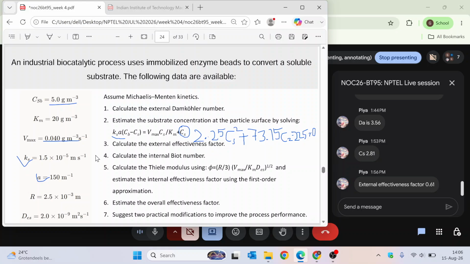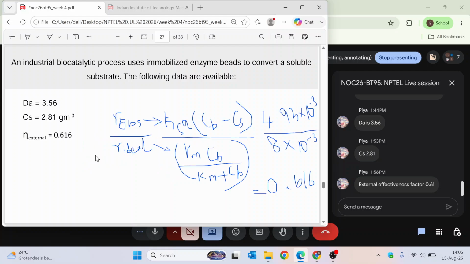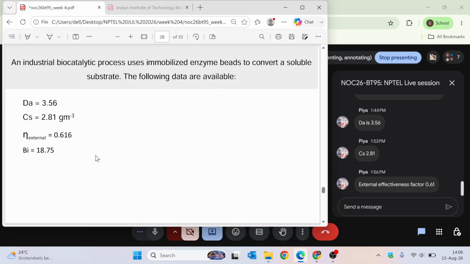The next is the internal Biot number. So to find your Biot number, Bi is equal to Ks R by Des.